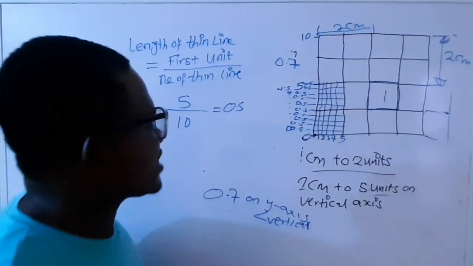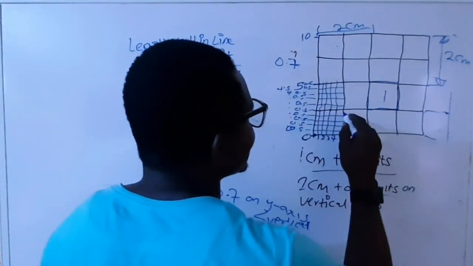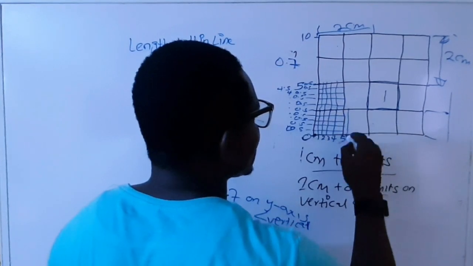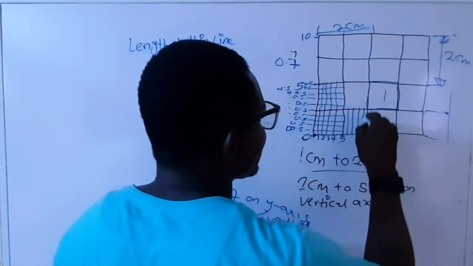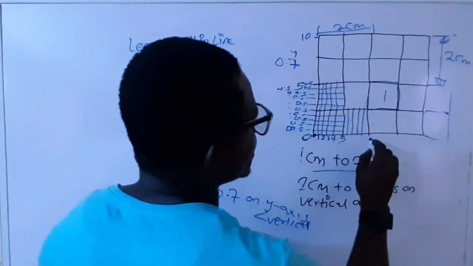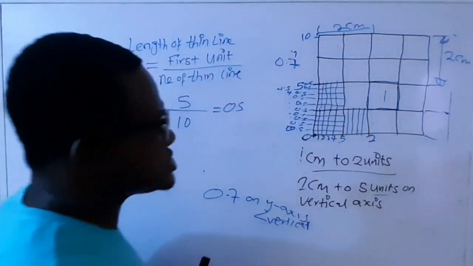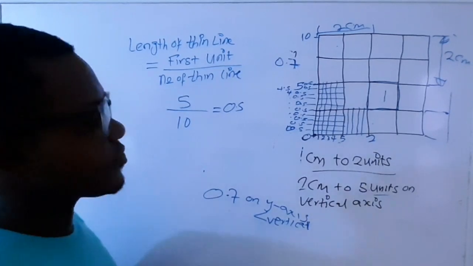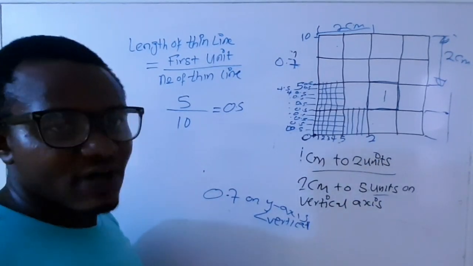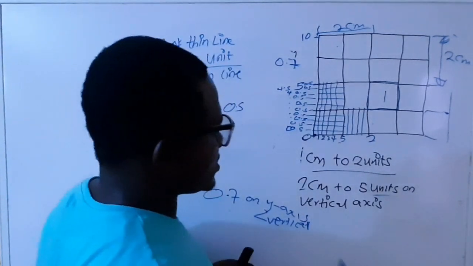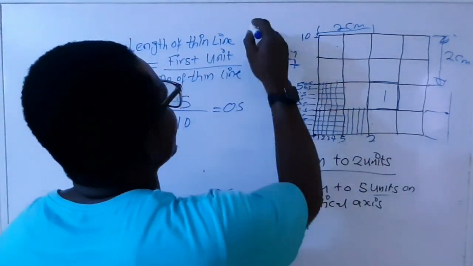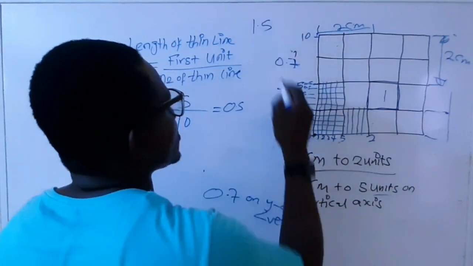So let's take another example. Let's say I'm having 1, 2, 3, 4. Let's say here is 0, here is now 2. Then maybe I'm looking for 1.5 on the x-axis.